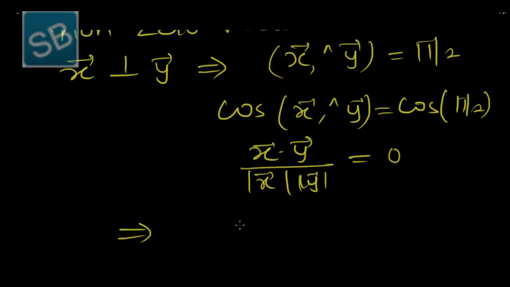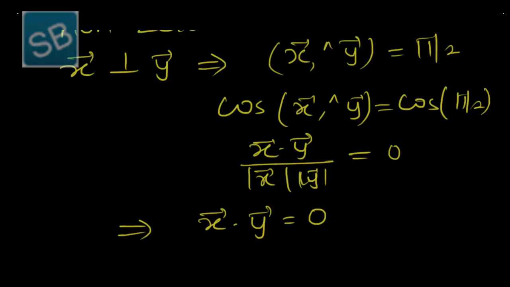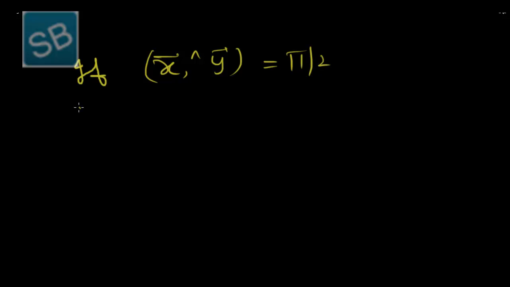That gives, as the modulus value is not equal to 0, x dot y is equal to 0. Therefore, if the angle between x and y is pi by 2, then x dot y is equal to 0.